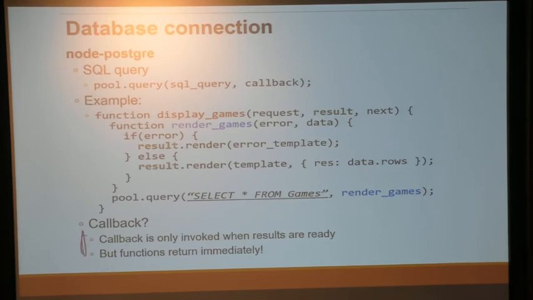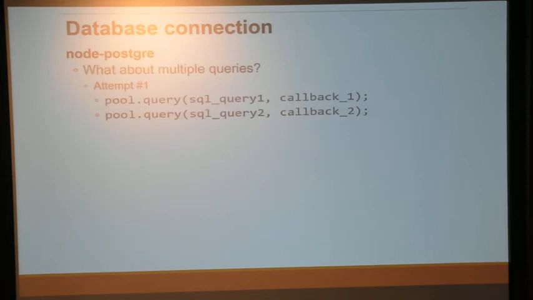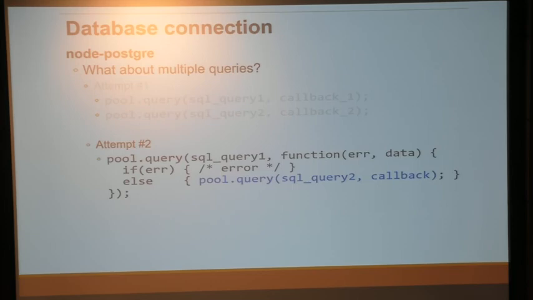The function returns immediately. If you have multiple queries, this attempt may fail, because you are not sure which of these callbacks will be called first. It can be that SQL query 2 is shorter than SQL query 1, so you can actually perform callback 2 before callback 1. But if callback 2 requires you to know the data from callback 1, then you're out of luck. So what you can do is chain in this way.